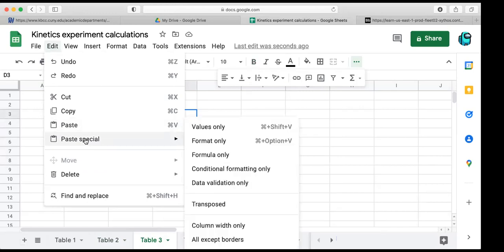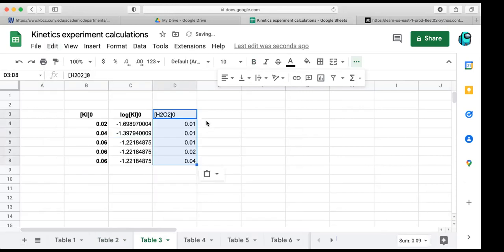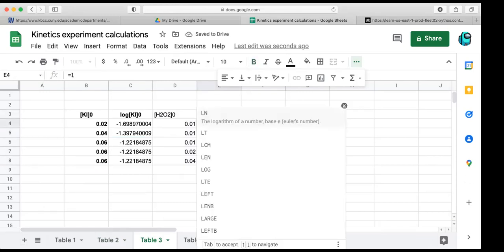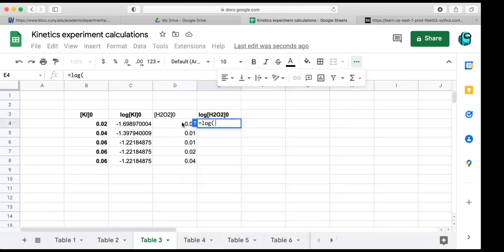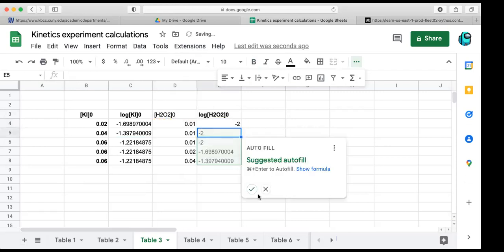Again, paste values, and then log concentration of H2O2. Equal sign LOG, parentheses, the number you want to do. The number is less than 1, so you should get a negative, and yes, you do.